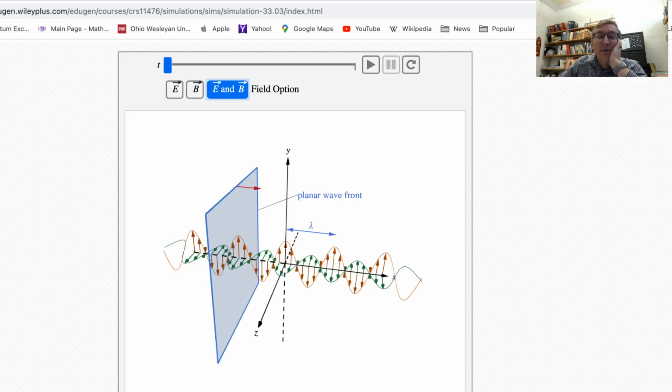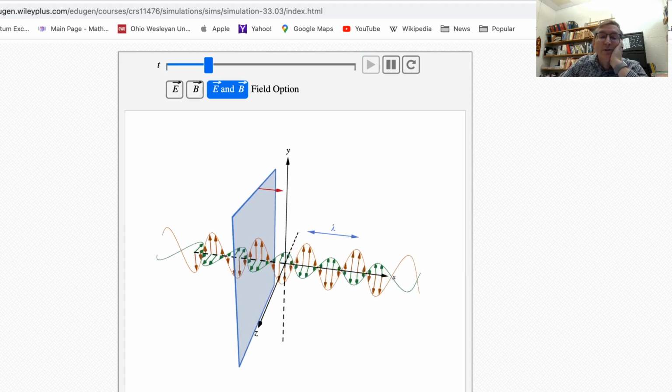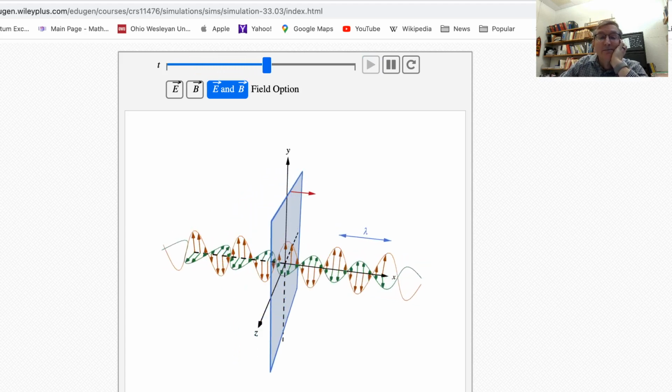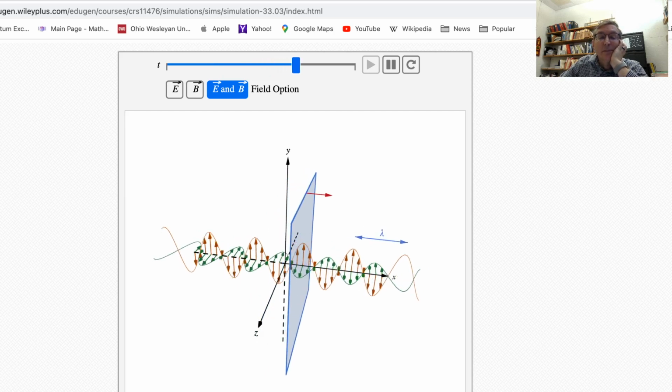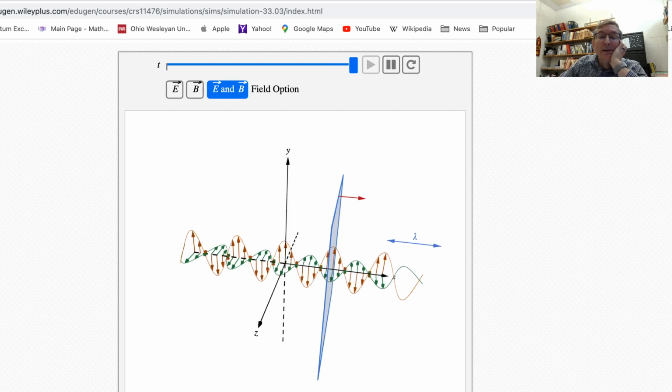Notice that distance between two peaks along the electric wave part is called a wavelength, lambda. And that whole structure is traveling to the right, plus x. And at any given time, E cross B, as given by the right-hand rule, points in plus x, the direction the wave is traveling.